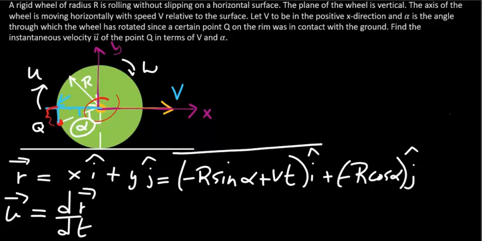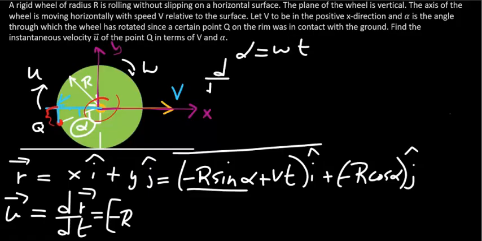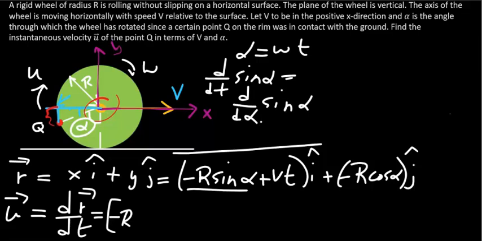So let's do the x component first. The first term is minus r sine alpha, so minus r is constant, it comes to the right. Alpha is a function of time, so when you take the time derivative of sine alpha by using the chain rule, we can rewrite it as d/d alpha of sine alpha times d alpha/dt. d alpha/dt from here is just omega.